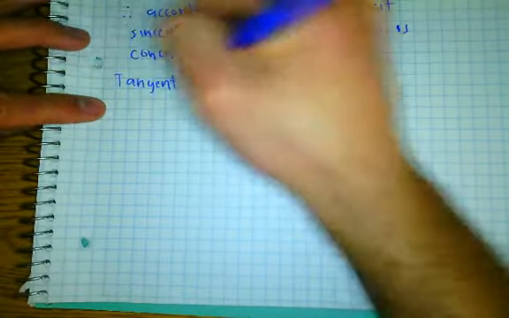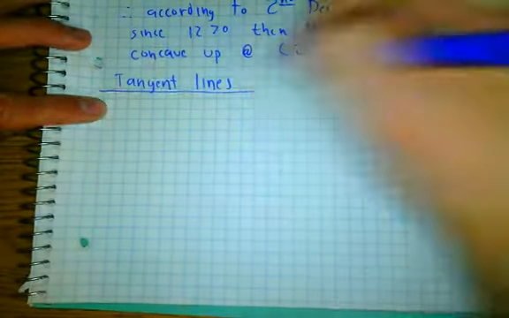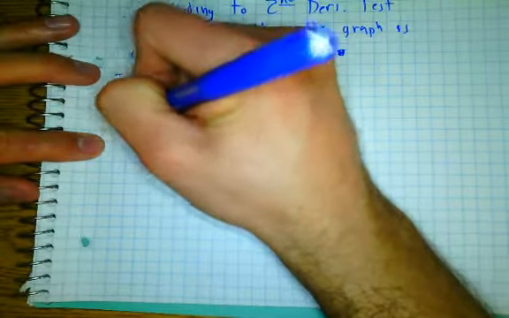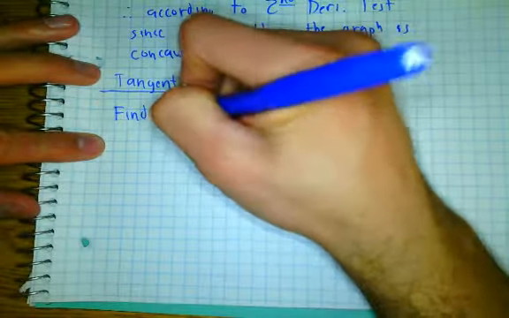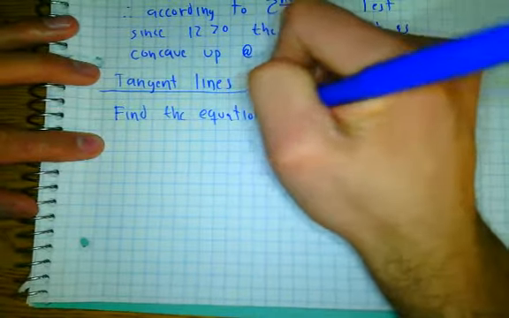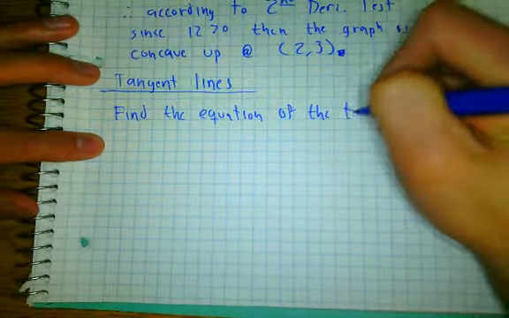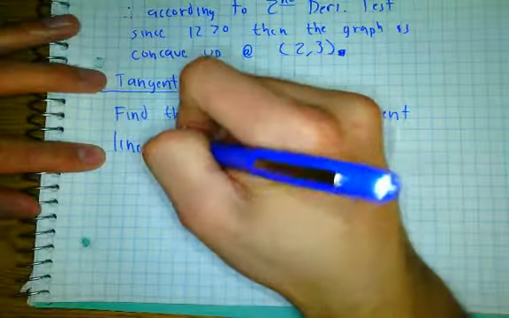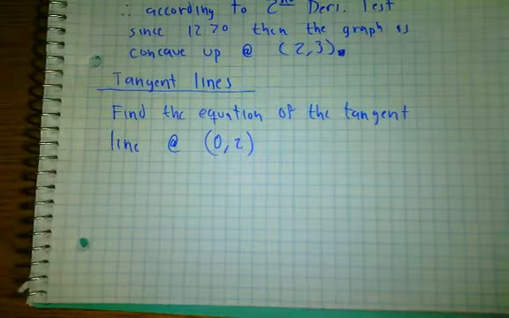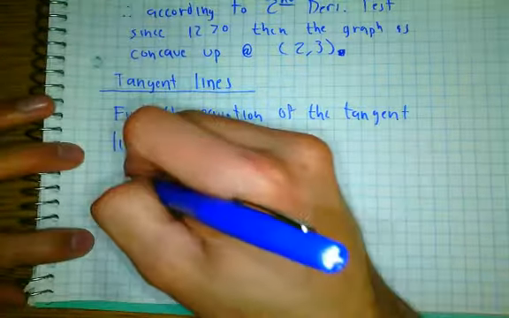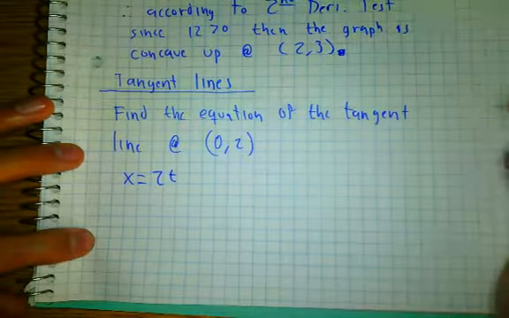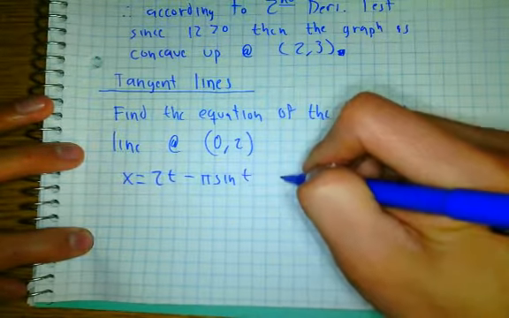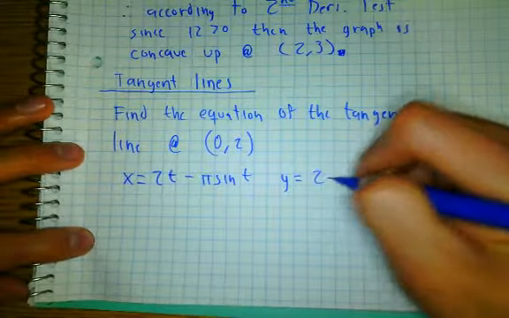Let's say that I'm going to ask you to find a tangent line. Once again, this is not a new concept for you. This is something that you already know. So we want to find the equation of the tangent line at the point 0, 2, given the following equation. x equals 2t minus pi sine of t, and y equals 2 minus pi cosine of t.